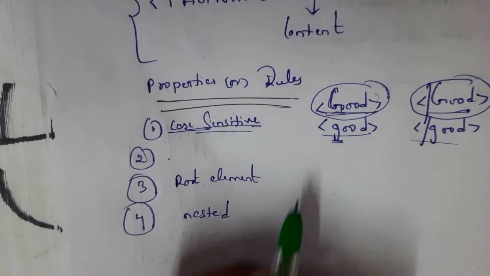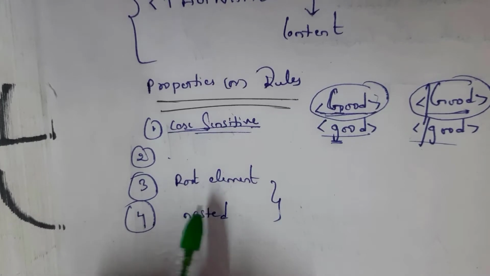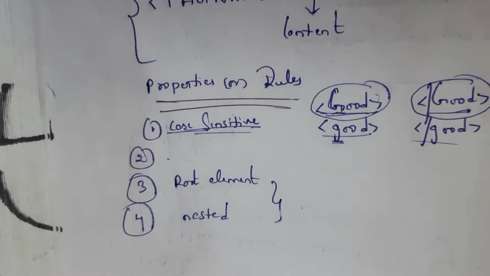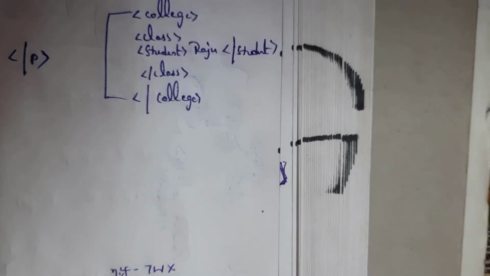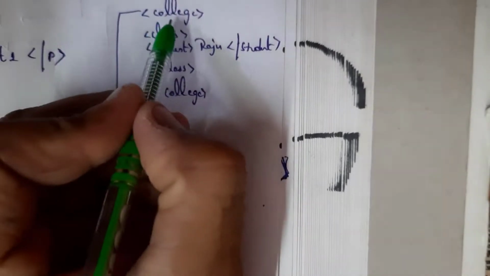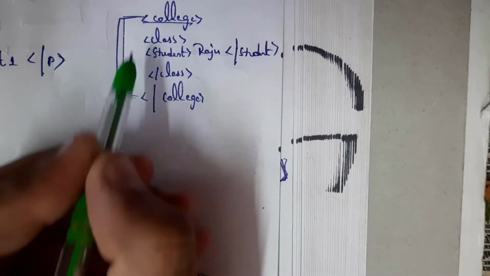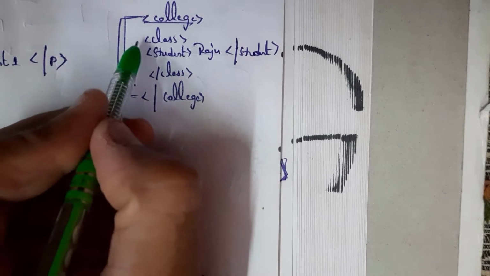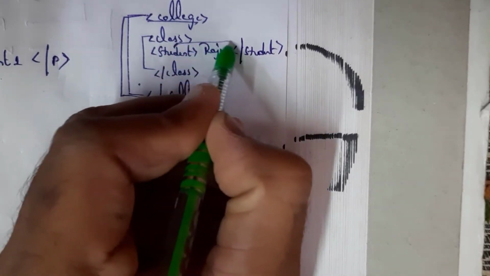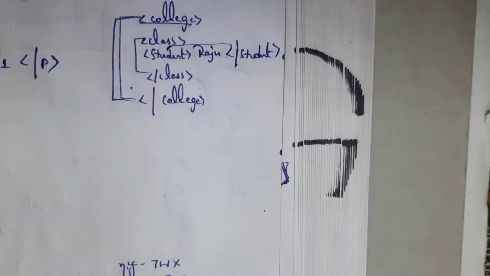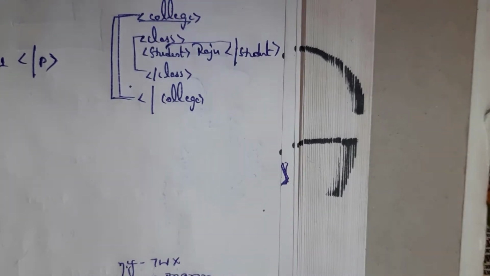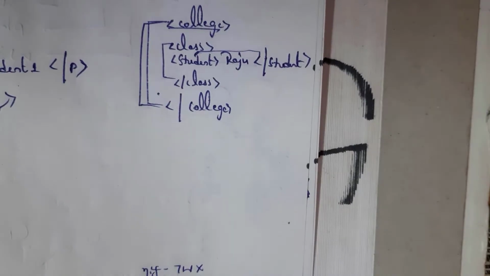I will show you an example so that you can clearly understand these third and fourth properties. In this example, college is the root element, and inside college there is class and there are students. This is known as nested. Nesting means inside one tag there is another tag.